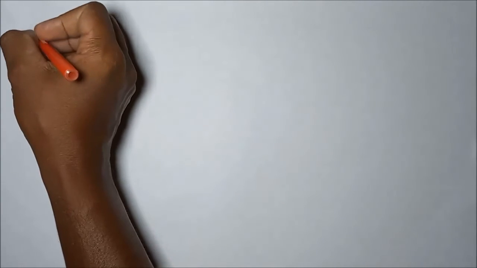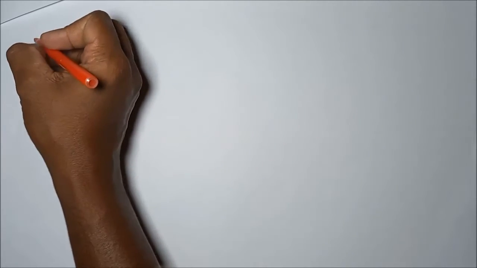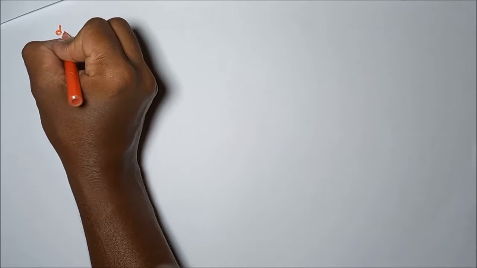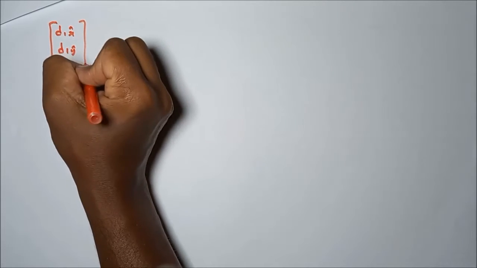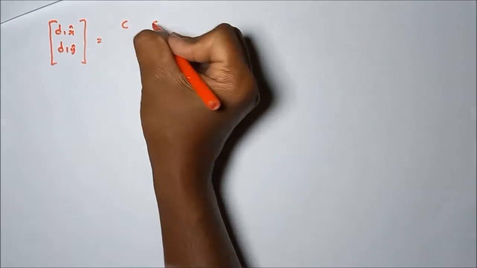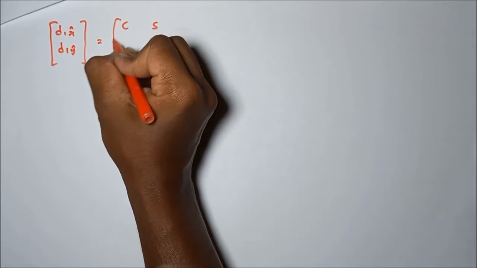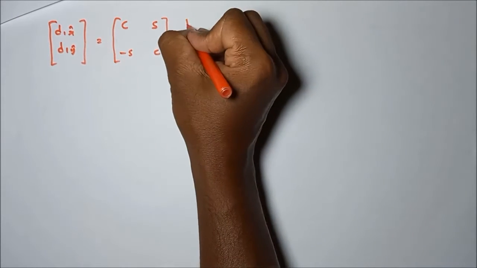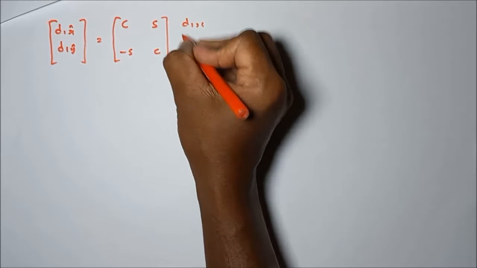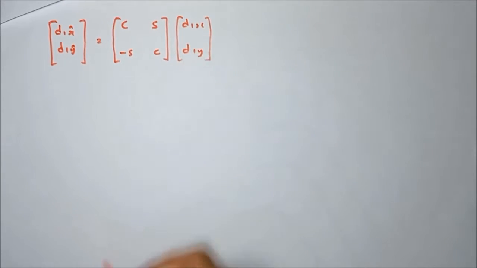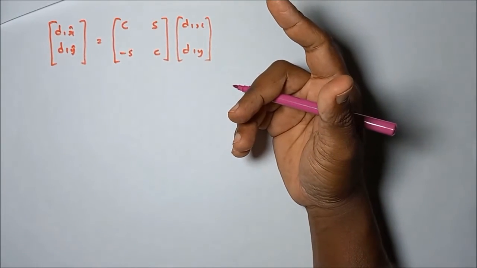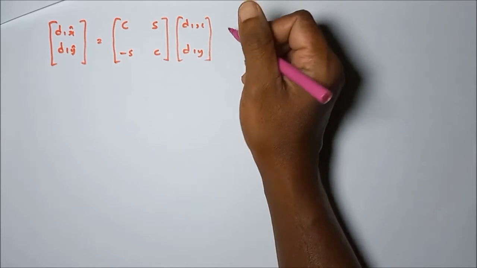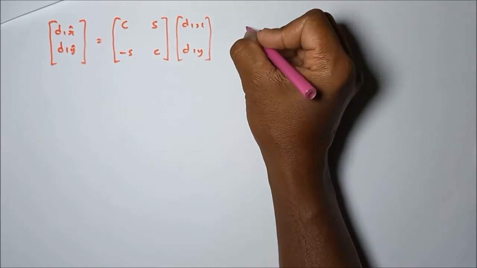First, I will write the obtained equation: d1x hat, d1y hat equals CS minus SC times d1x, d1y. This is the transformation equation for node 1. By following the same procedure, we can obtain the transformation equation for node 2 also.